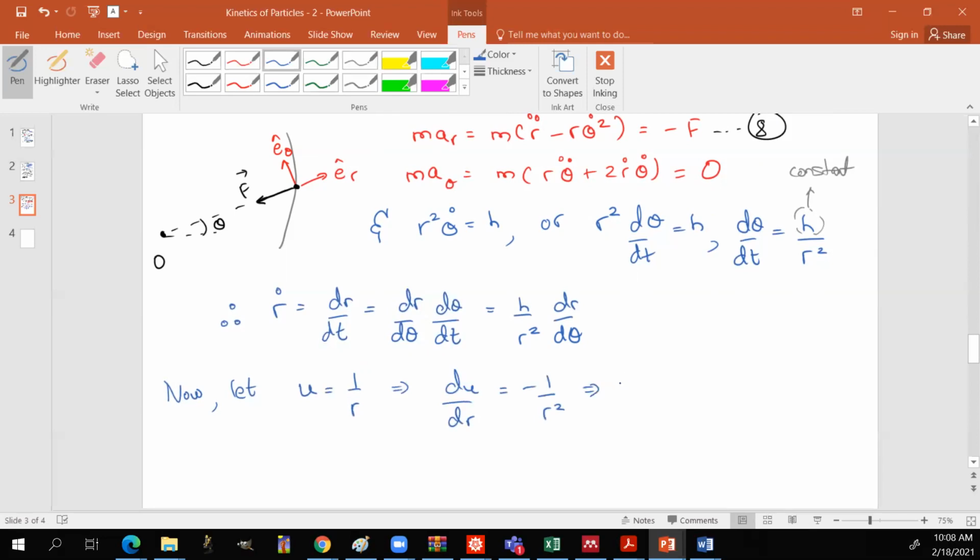That means that dr over r squared is basically equal to minus du. Or if you want to be pure about it, it's minus the differential of 1 over r.